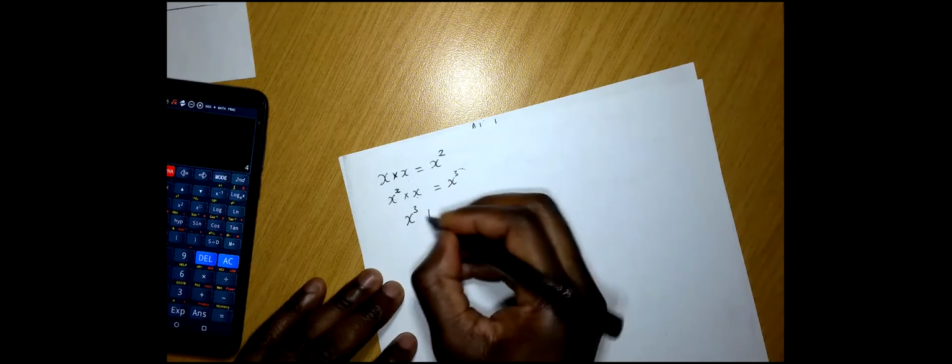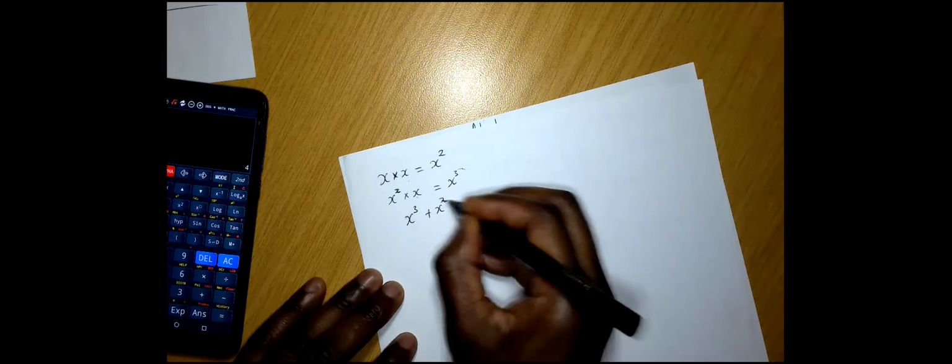If we have x cubed plus x squared, you can't add these two, because they have different powers. It's like adding a goat and a cow. So you mustn't simplify such cases. This will continue to be x cubed plus x squared. That's what you must just remember there.